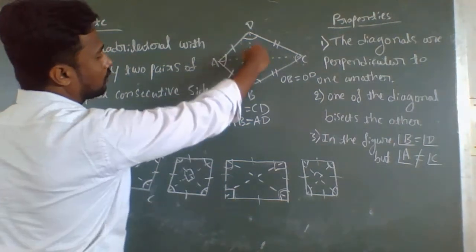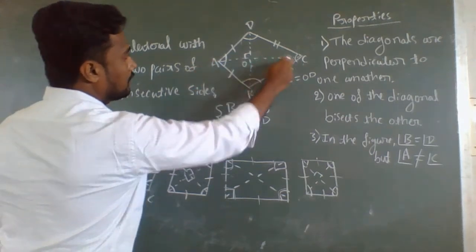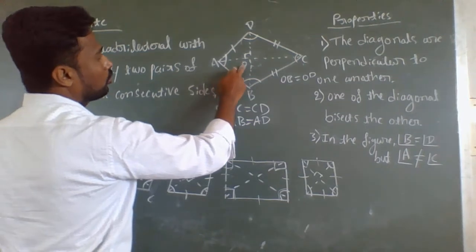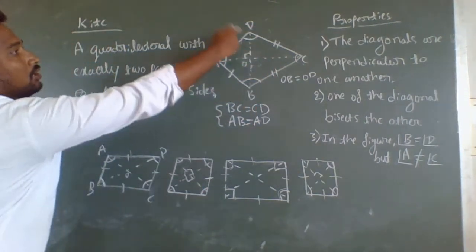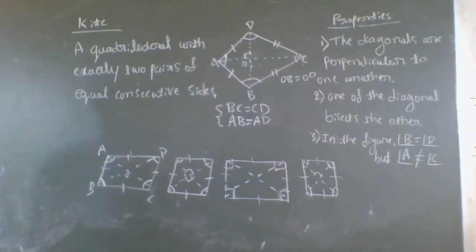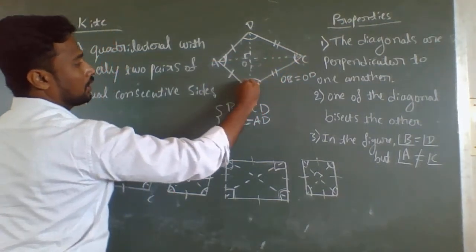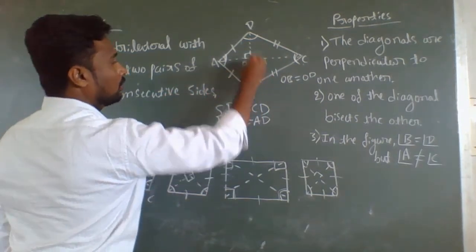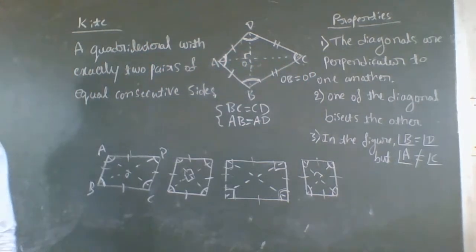In this example AC is bisecting BD, therefore OD is equal to OB. In this figure angle B is equal to angle D, but angle A is not equal to angle C.